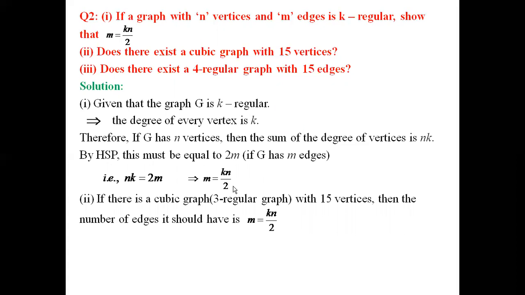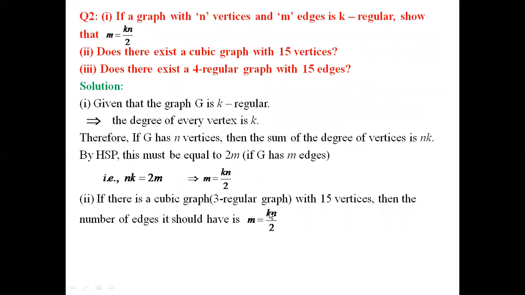Just now we have proved that result. So if I have a cubic graph with 15 vertices, then the total number of edges in it must be of the form m equal to k into n divided by 2. Here k value is 3 because it is a three regular graph, and n value is equal to 15.